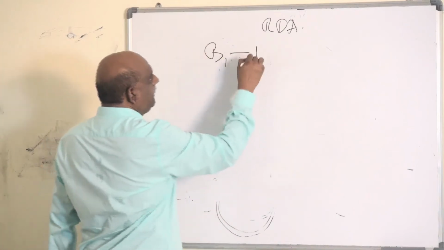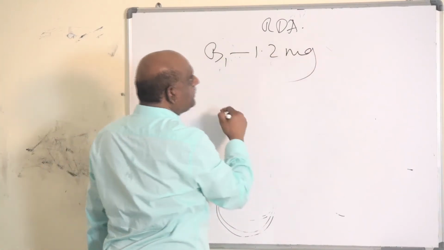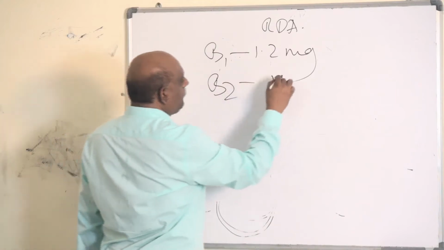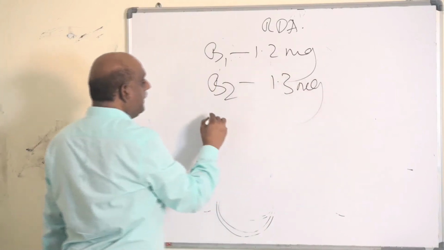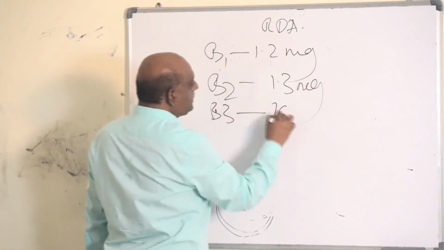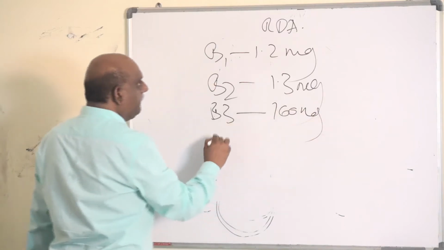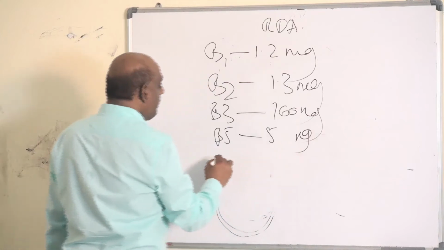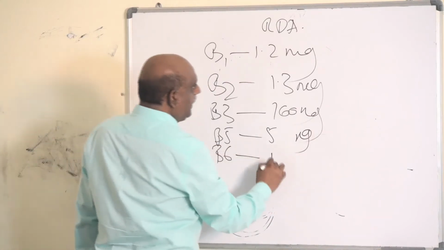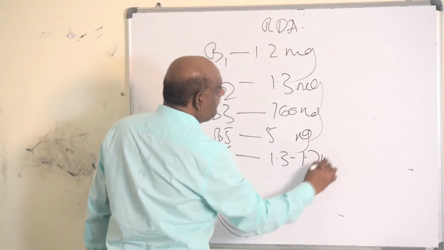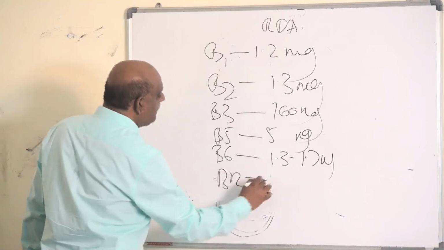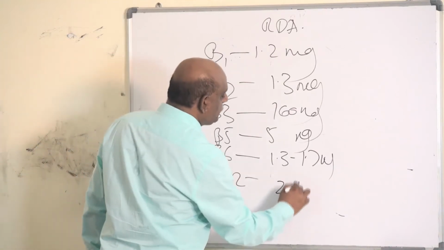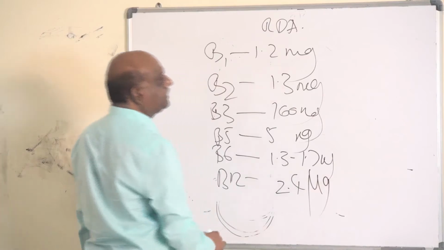Vitamin B1 thiamine is 1.2 milligrams. B2 is 1.3 milligrams. B3 is 16 milligrams. B5 is 5 milligrams. Pyridoxine B6 is 1.3 to 1.7 milligrams. B12, vitamin B12, cyanocobalamin is 2.4 micrograms.